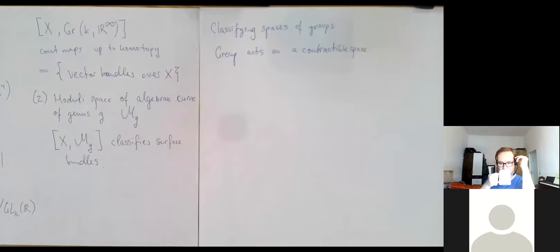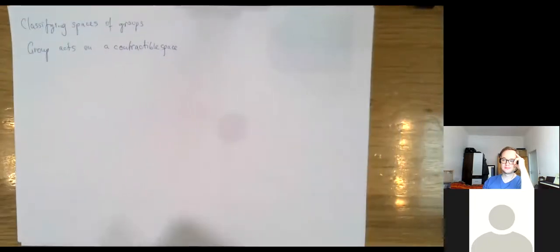And in a lot of the examples that we're looking at, we're going to also look at quotients where we have finite stabilizers. And that's then not the classifying space, but it will be fairly close to the classifying space.